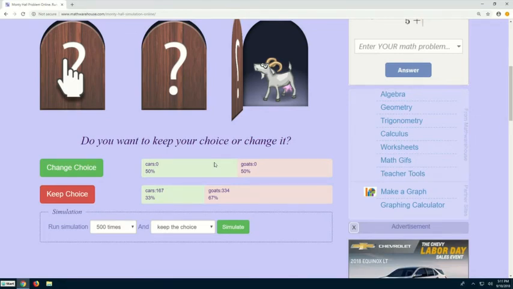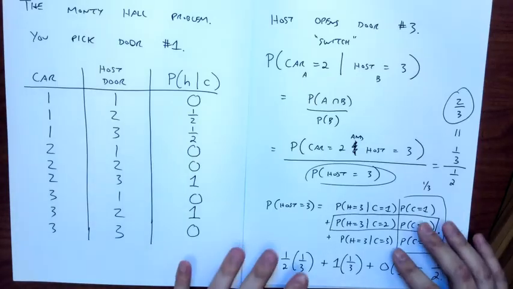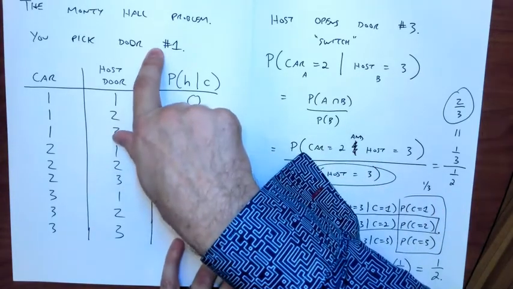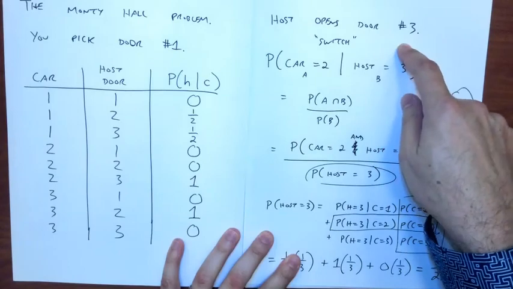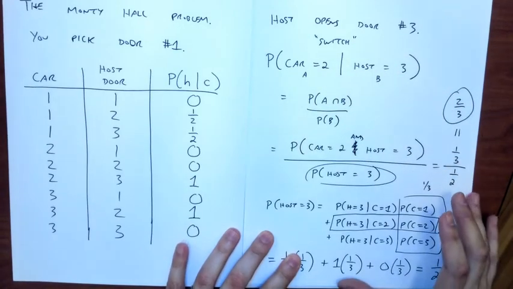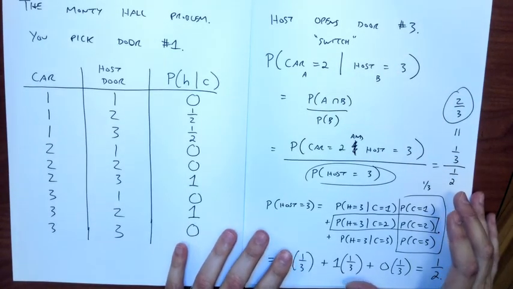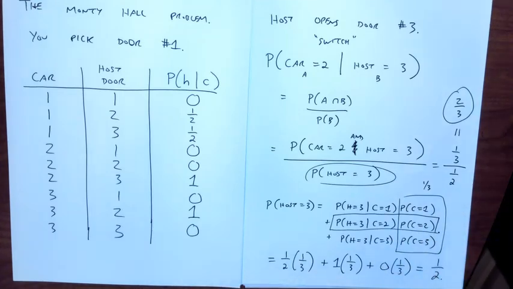So let's go back to my document camera here. So the setup here in the one that I did was I picked door number 1, the host opened door number 3. Right, so this is like kind of a simple version of the problem. So it turns out, it doesn't really matter whether I picked door 1 or door 2, as long as the host opens another door and shows me a goat, right?